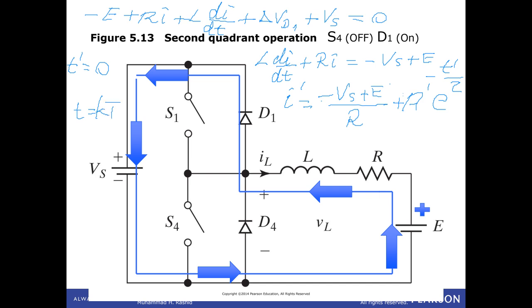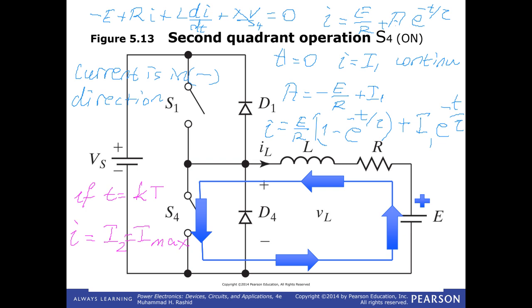Evet, bunu çözeceksiniz. So time prime is equal to 0, I nedir? I'nın değeri? Maksimum. Bir öncekinin son değeri. If you put time equal kT here, you obtain the I2.